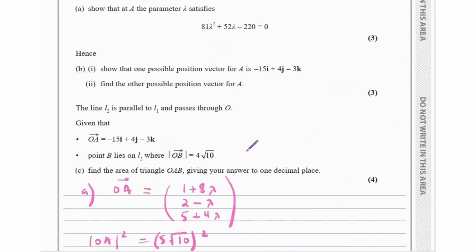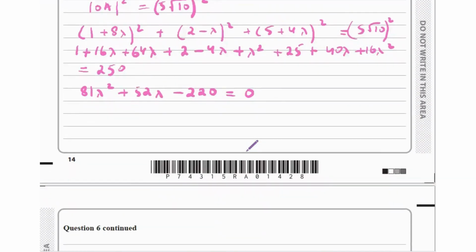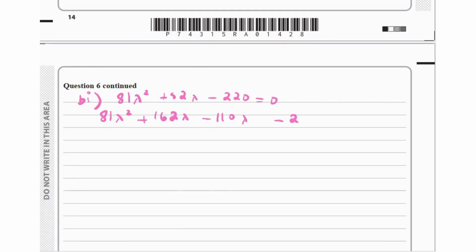And hence show that one possible position vector for A is negative 15i plus 4j minus 3k, and then you have to find the other possible position vector for A. So for that, you have to find the value of lambda, and you'll have to factorize this quadratic equation. So 81 lambda squared plus 52 lambda minus 220 equals 0. That's going to be 81 lambda squared plus 162 lambda minus 110 lambda minus 220 equals 0.